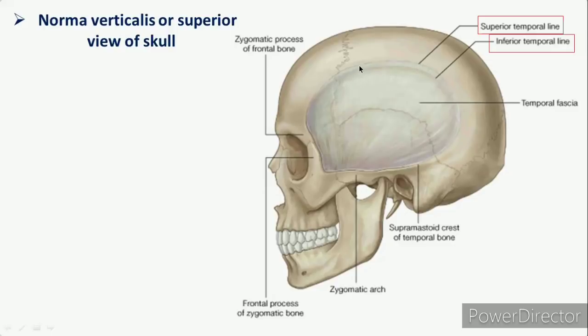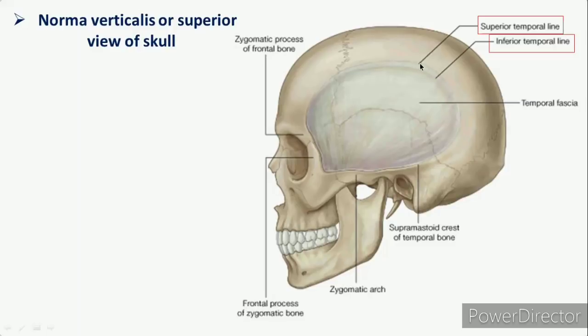Also you can see from the superior aspect the temporal lines, the superior temporal line and the inferior temporal line. The superior temporal line extends from the zygomatic process of the frontal bone. It goes above in the parietal bone and posteriorly in the parietal bone.